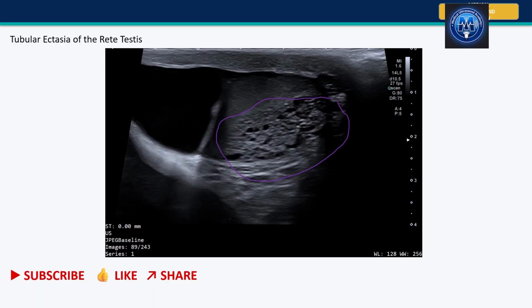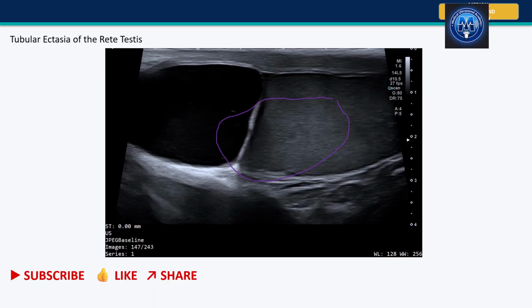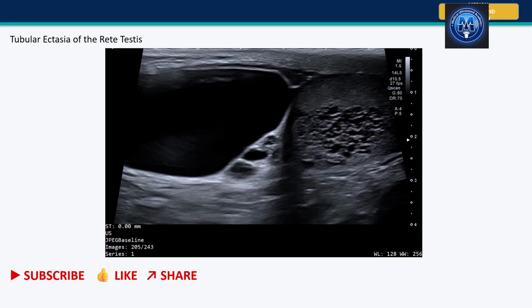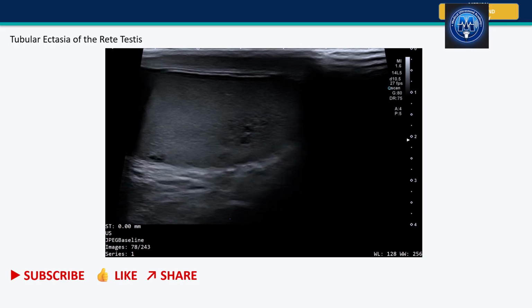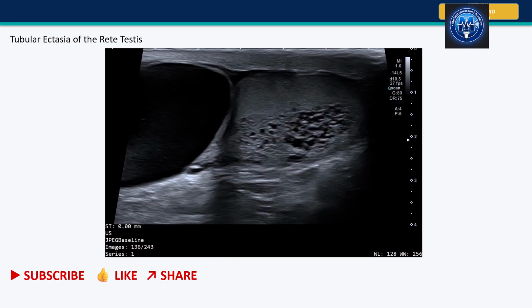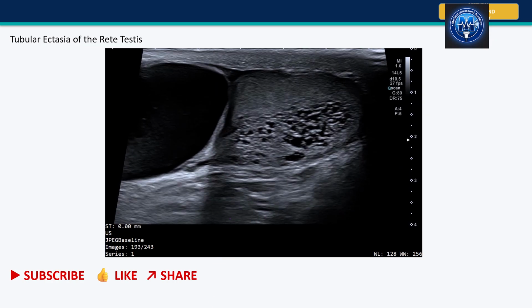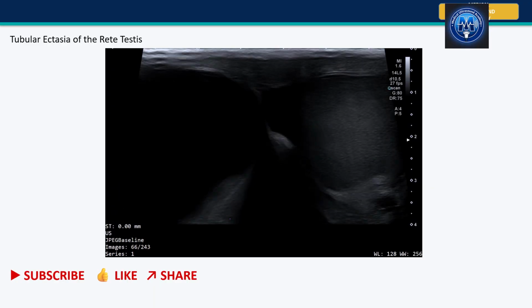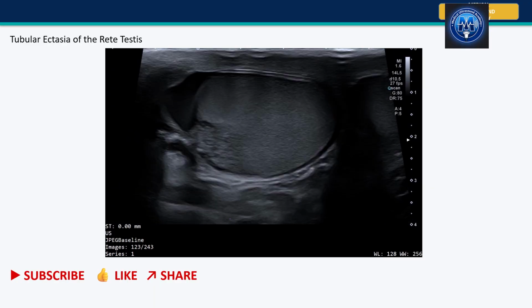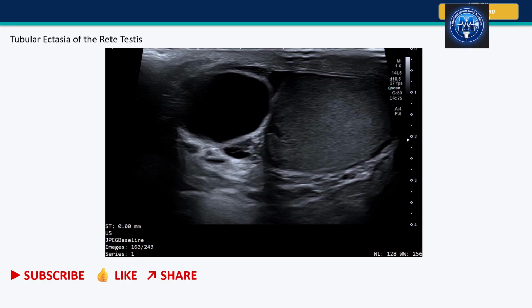Have you ever come across a case where you have got such a configuration? Did you know about tubular ectasia of the Rete Testis? So these are some of the demerits of these types of hydroceles.